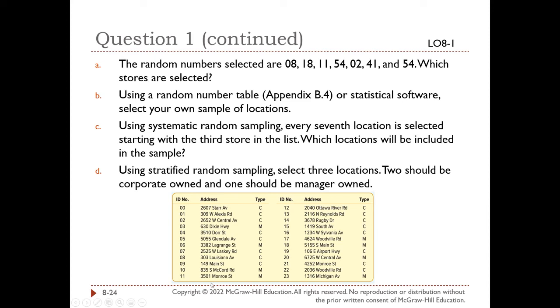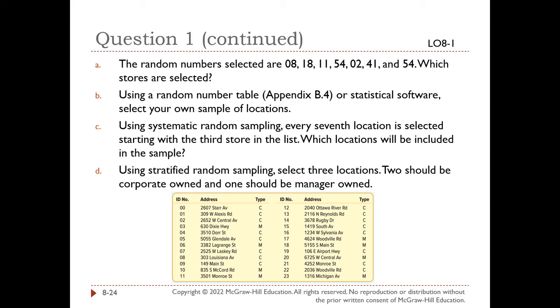Then go 7. We'll land at 10 with 835 South McCord Road. Go 7, we'll hit 4624 Woodville Road. And then if you try to go 7 again, you're going right off the list. So we have 3.